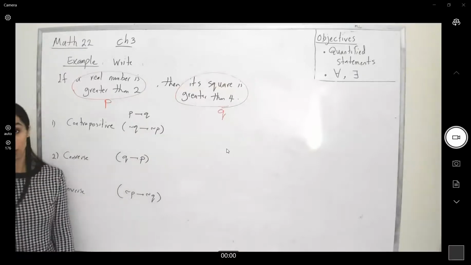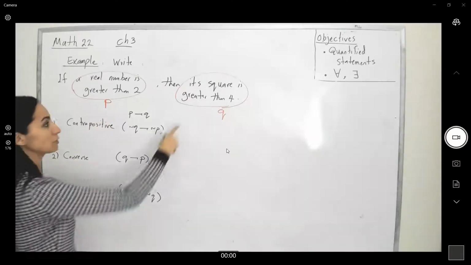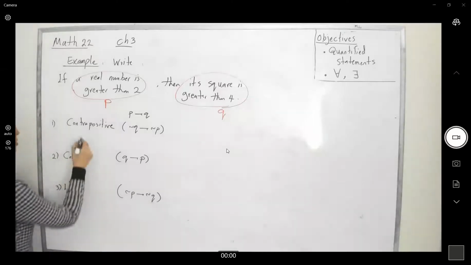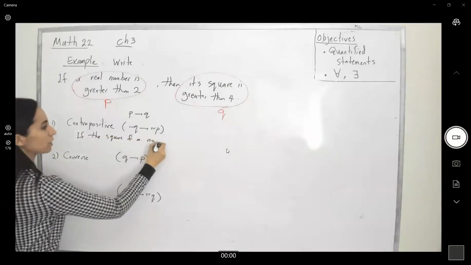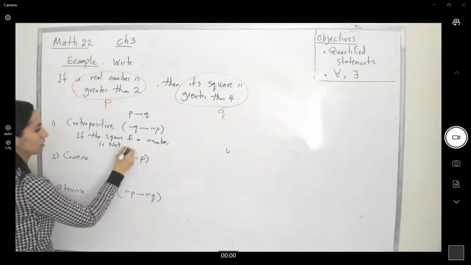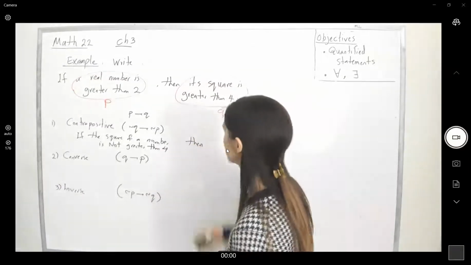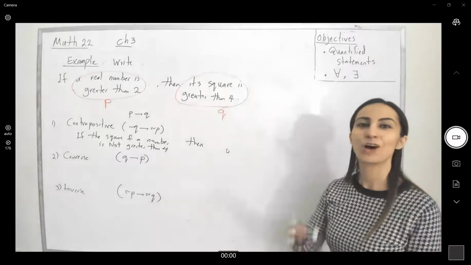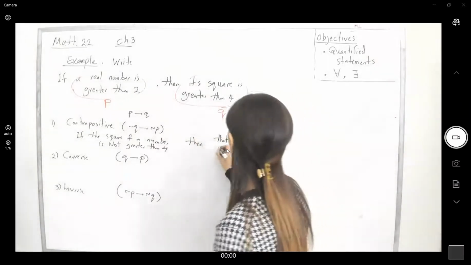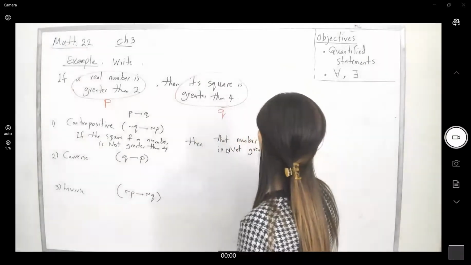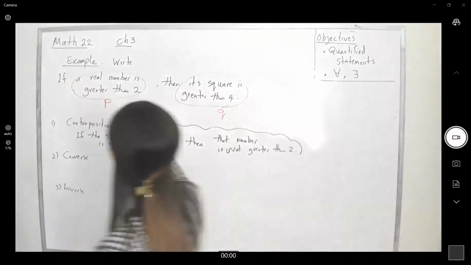Not Q, then not P. So if the square of a number is not greater than 4, then that number is not greater than 2. So this is our contrapositive.